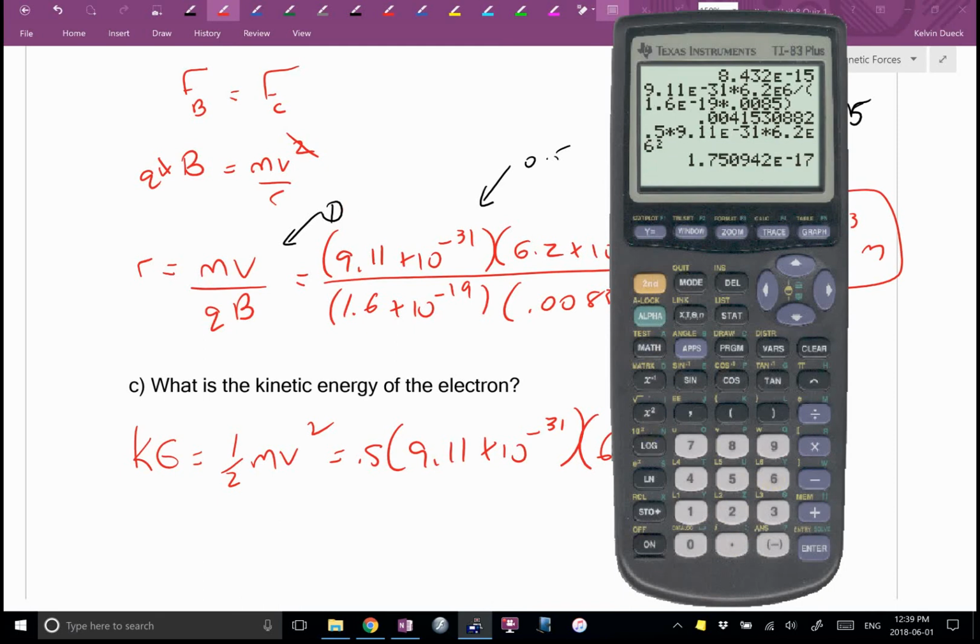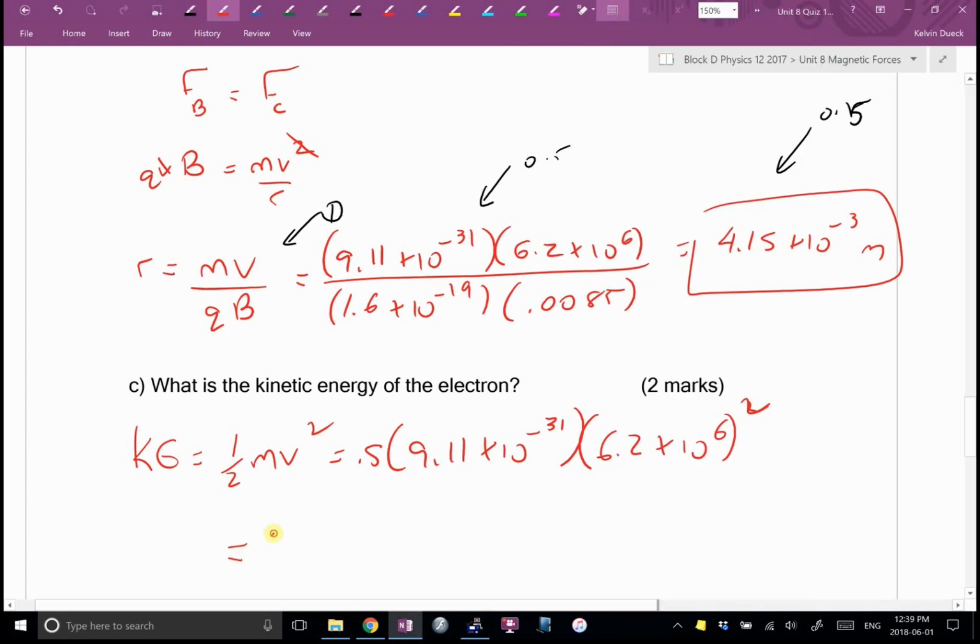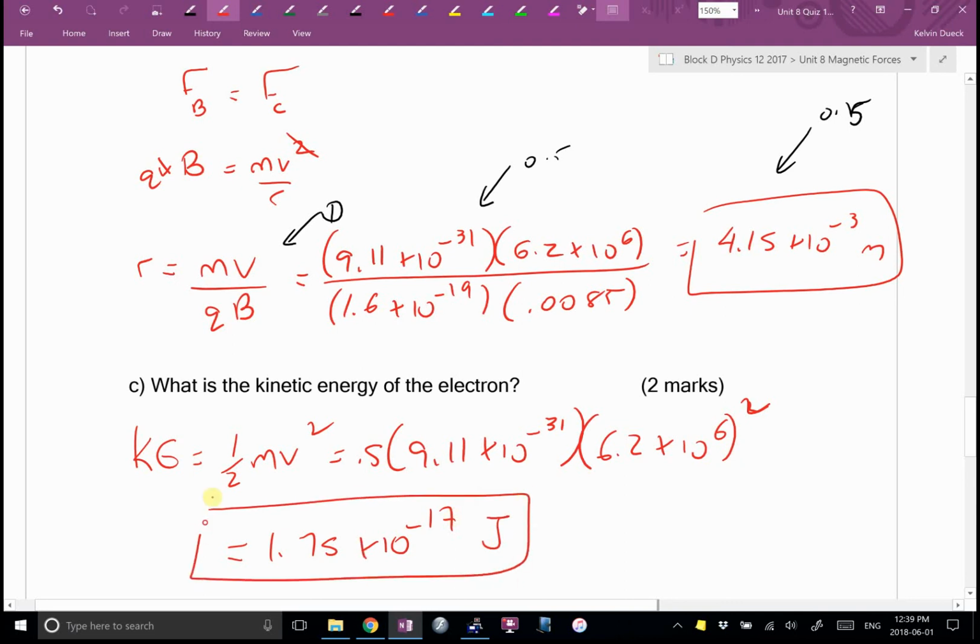You get 1.75 times 10 to the negative 17 joules. One mark, half mark, half mark.